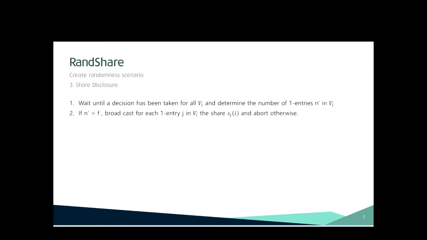Then wait for the decision for V_i and determine the number of 1 entries in V_i. Check if this number exceeds F. If it exceeds F, then broadcast, for each 1 entry j in V_i, the share s_ji, and abort otherwise.